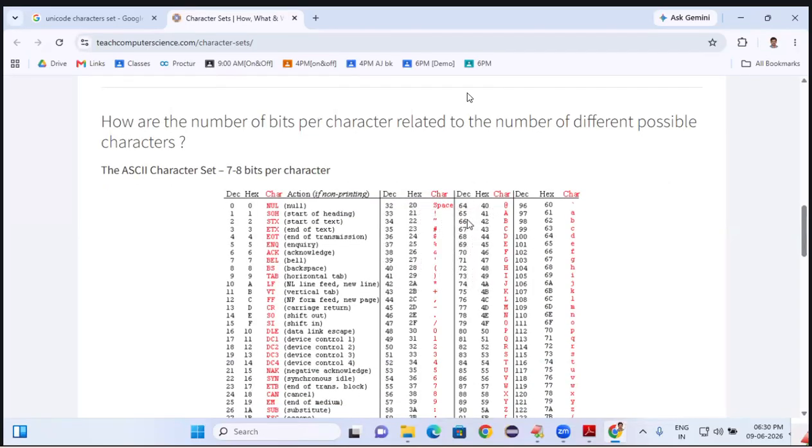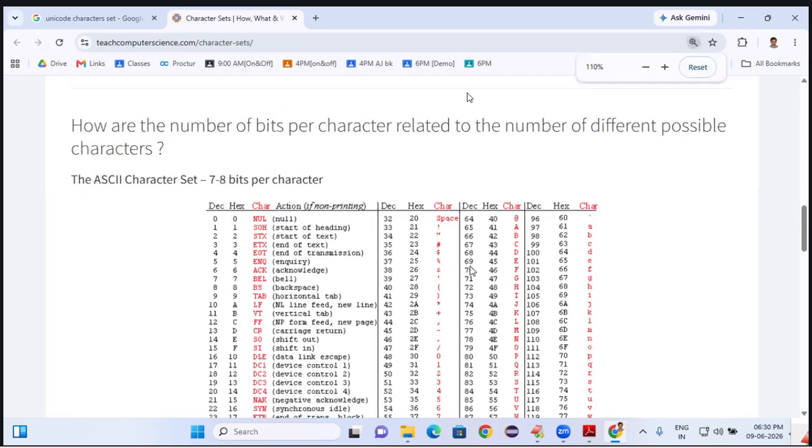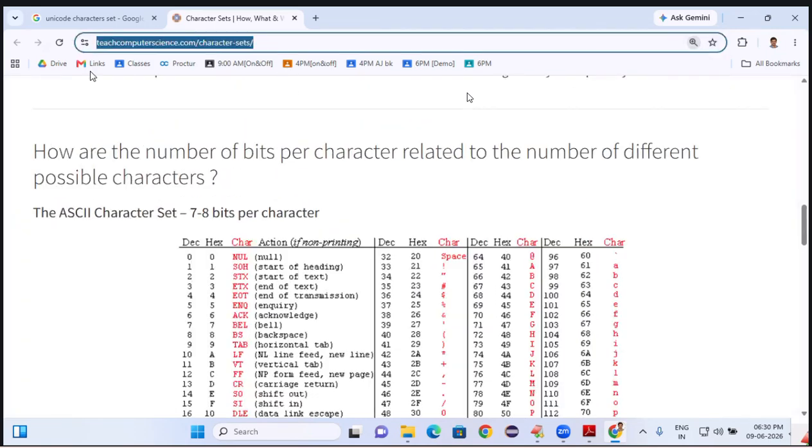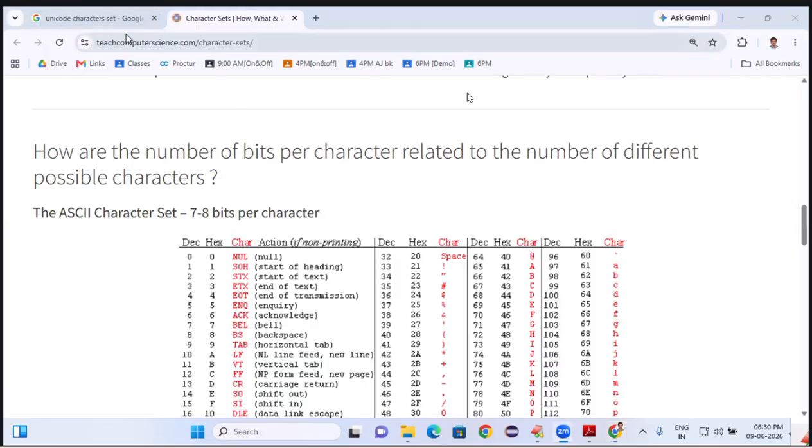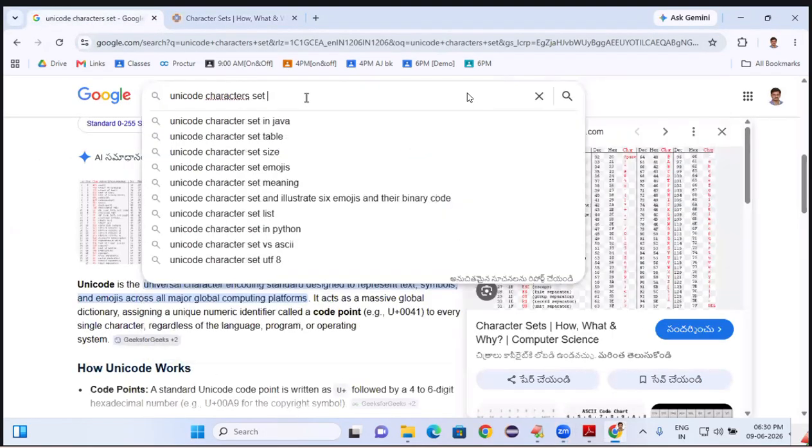Yeah, 65 is what? A. 97 is what? Small a. Not visible? Or else you can download the PDF.